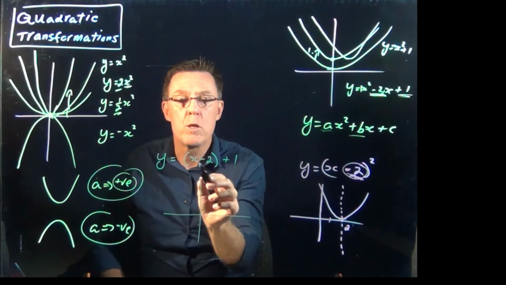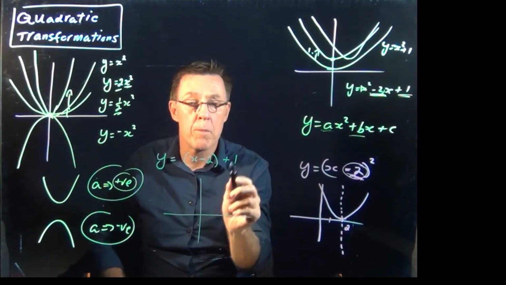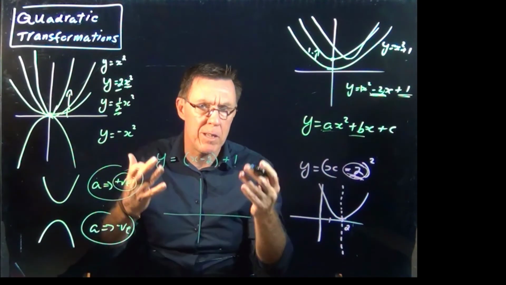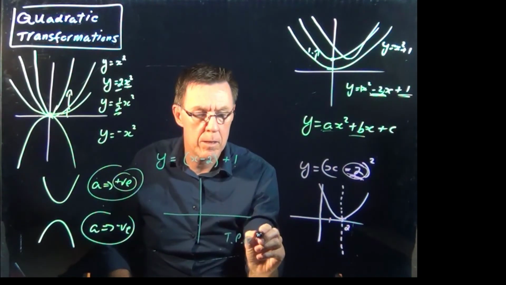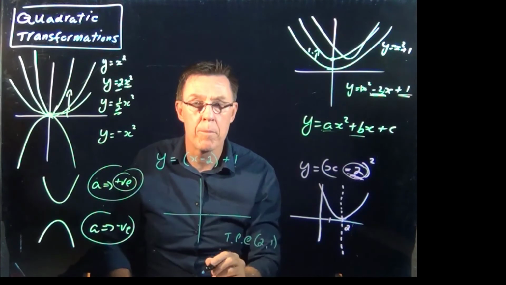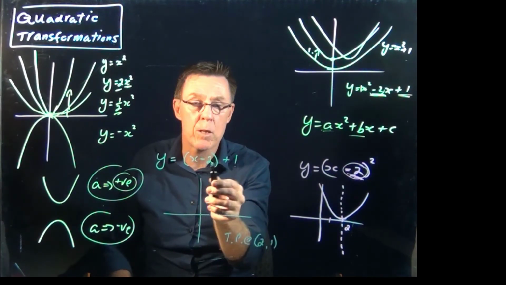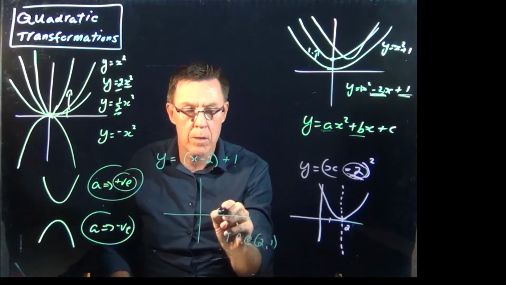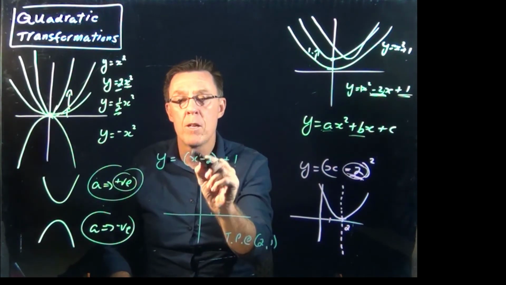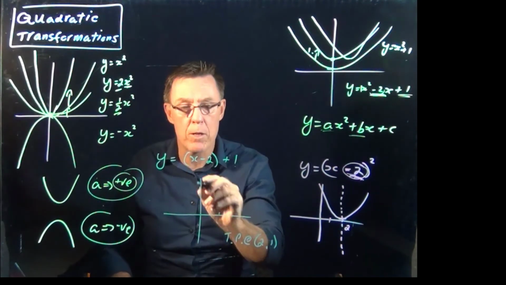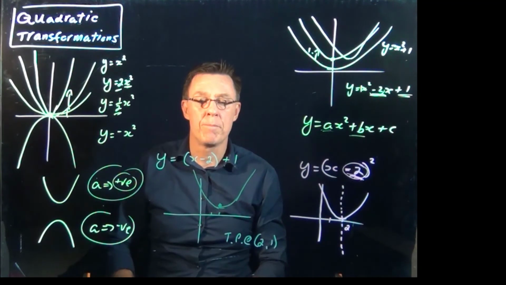So I know the graph has been shifted 2 units to the right and it's been shifted 1 unit up. So I now know its turning point, its vertex, is going to occur at (2, 1). Written like that, you just look at it, you just read off the x coordinate and y coordinate of the turning point. (2, 1), there's the turning point. It's got a positive a value, so it's a smiley face quadratic, and it looks like that.